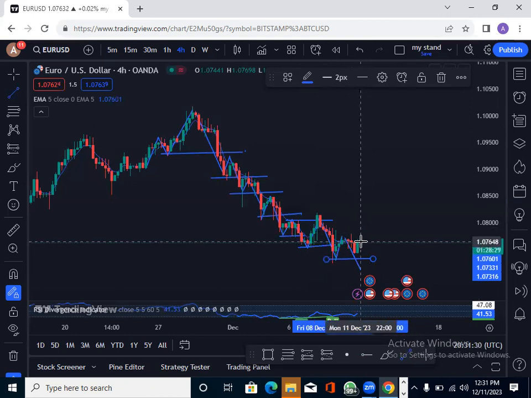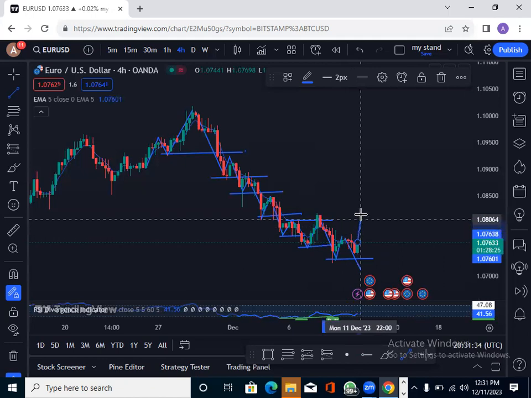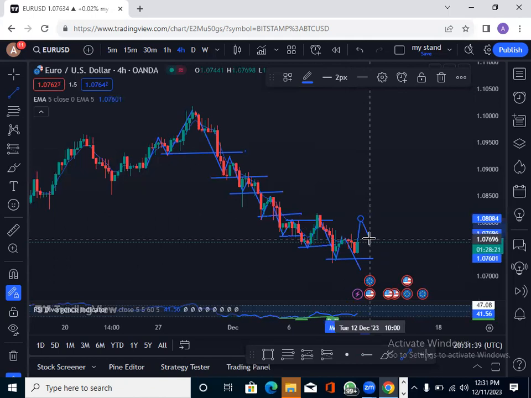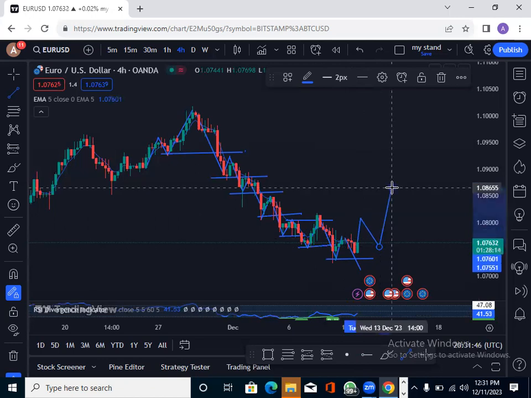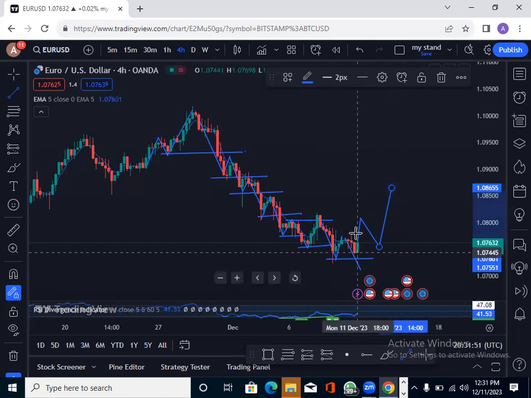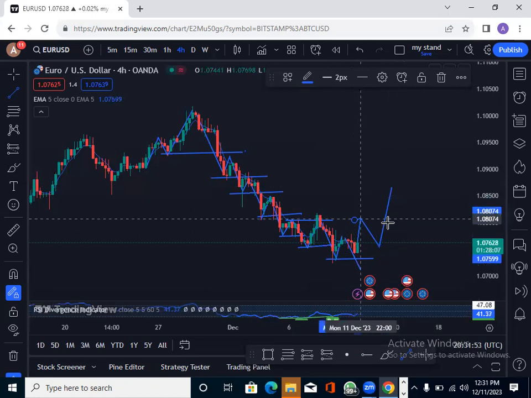Don't do anything until this market either breaks to the upside and comes back up. At this point, the market has changed direction to an uptrend.